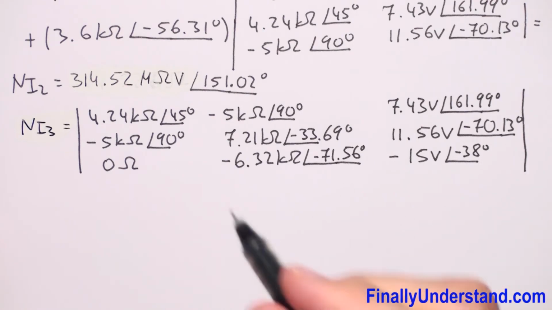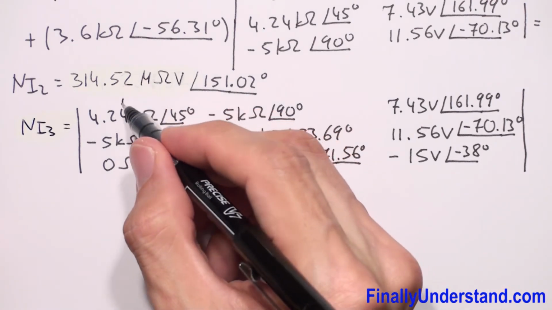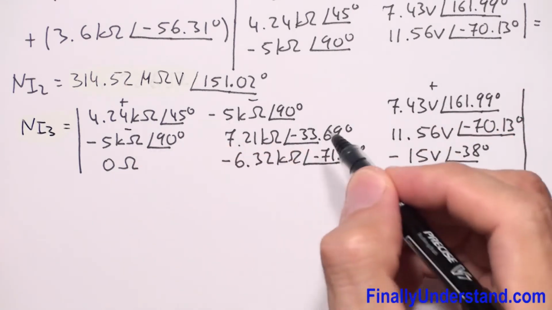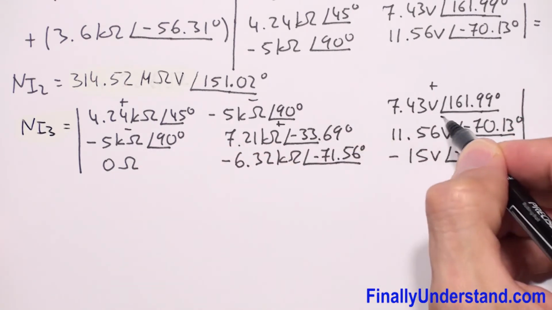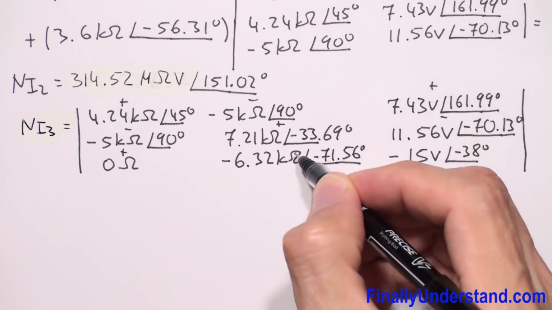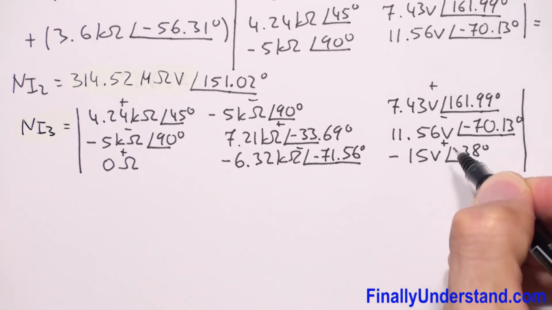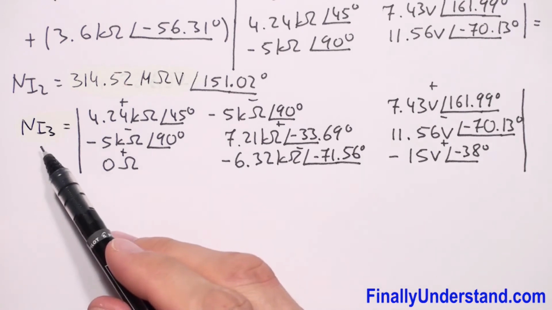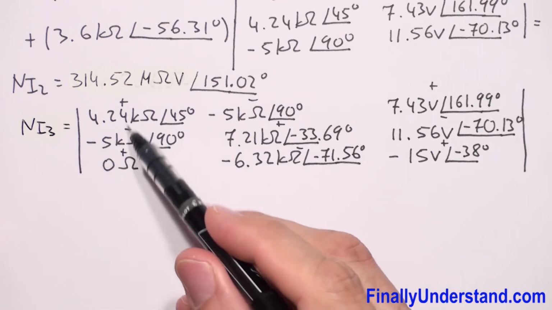Okay, and don't forget to write the signs. We have plus, minus, plus, minus, plus, minus, plus, minus, plus. Okay, I'm going to start solving, and I try from the first column.